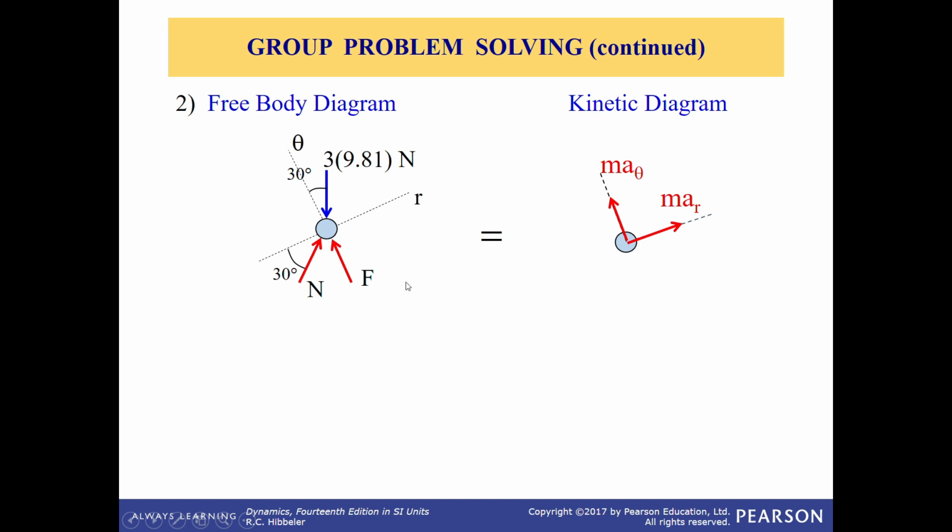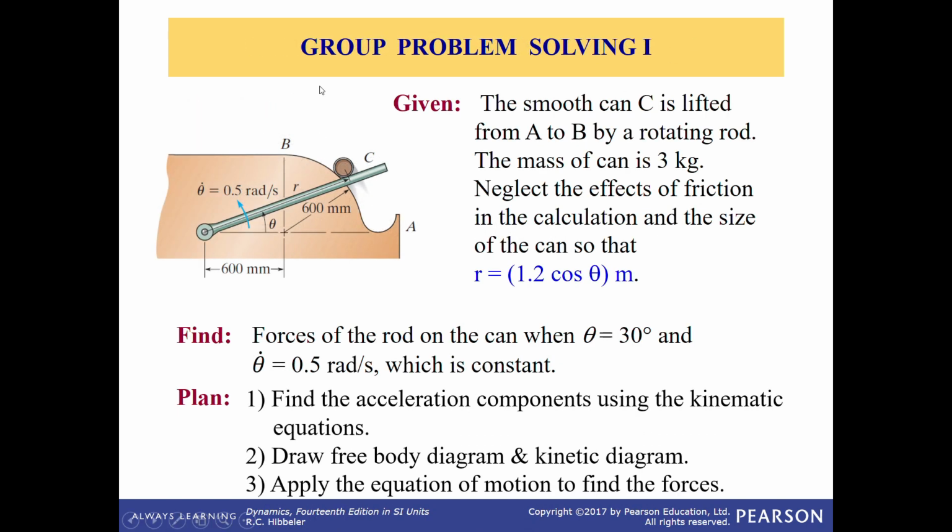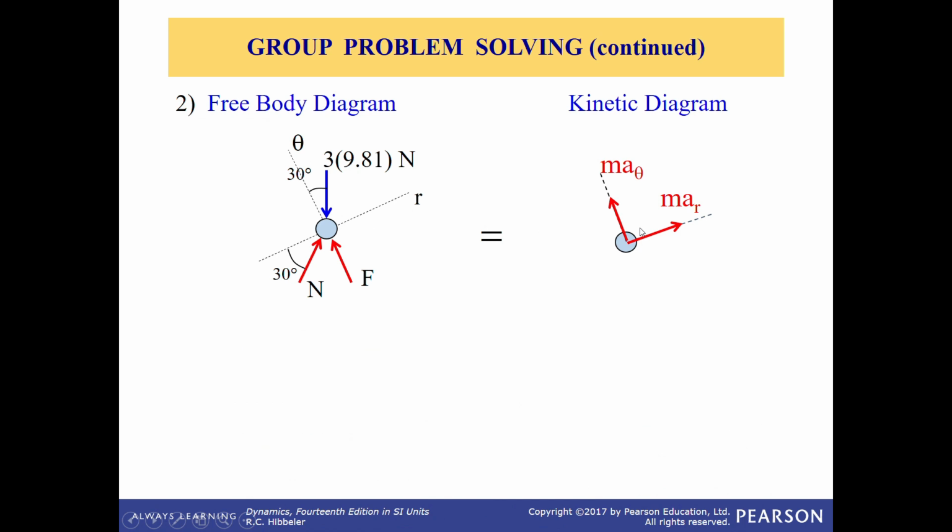They mentioned that there is a weight of 3 times 9.81 Newton pointing downwards, and the can is lying on a surface, so of course I have N. It travels somewhere over here, which means we also have a friction force. But since they ask us to neglect the effect of friction, we can just neglect that.